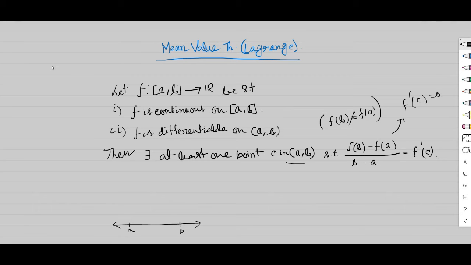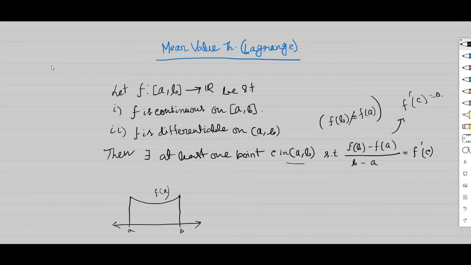Now in Rolle's theorem we have the same height at A and B, right? So f(a) equal to f(b) means the height of this straight line is the same. Now this is the curve, which is f(x).